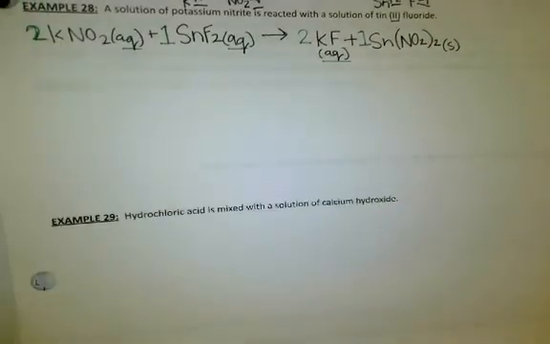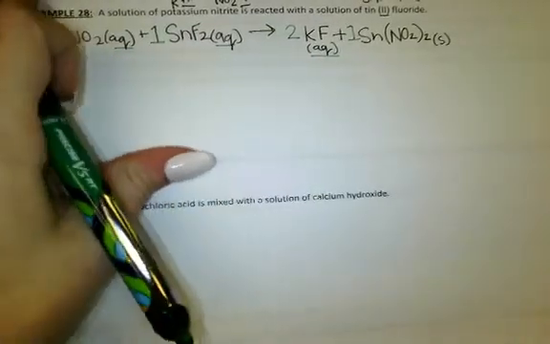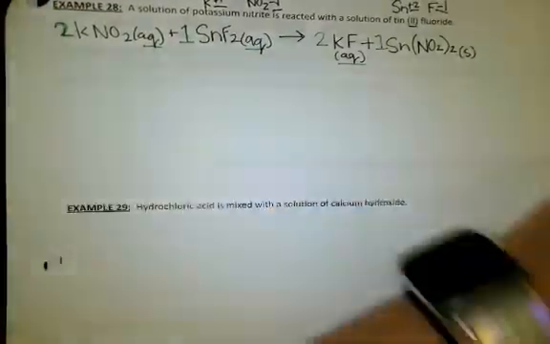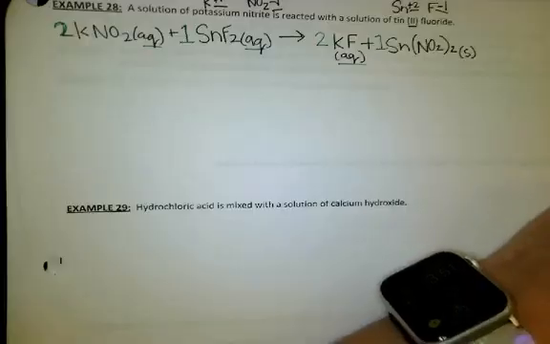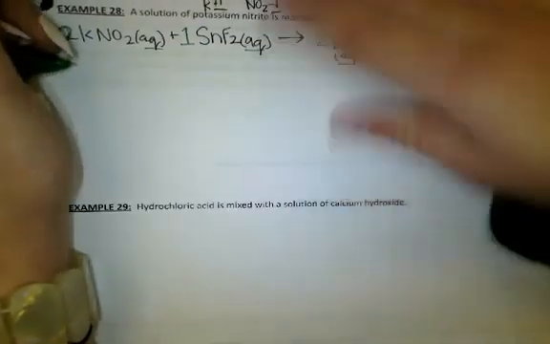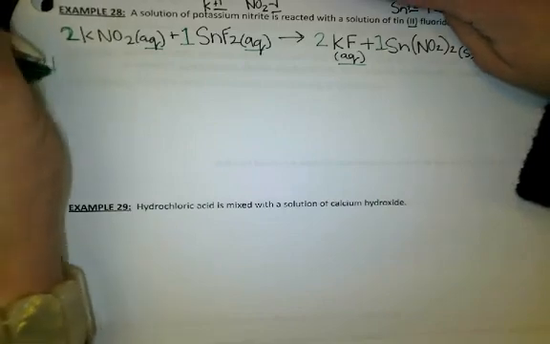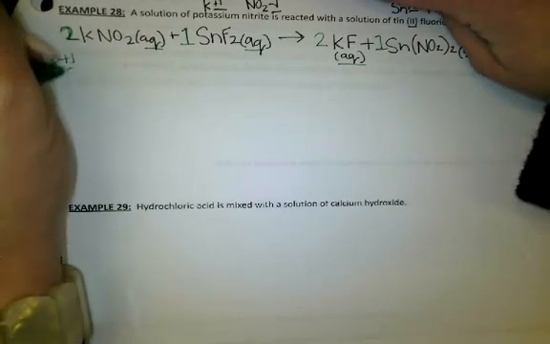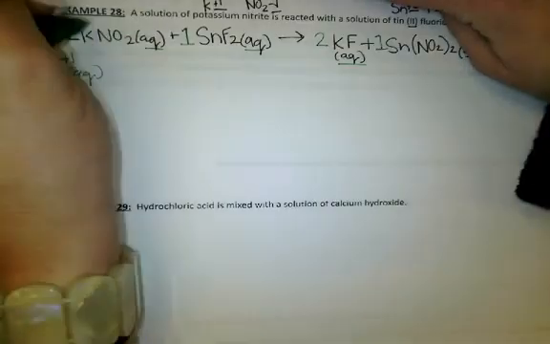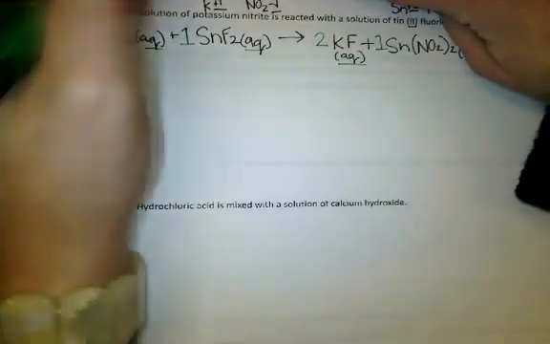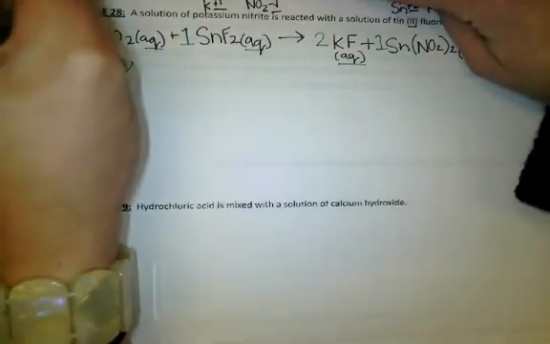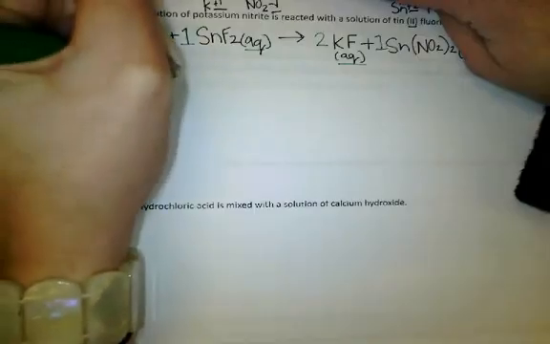So, I got potassium nitrite. Okay, I'm going to separate that out. So it's going to be 2 potassium ions, aqueous. Now this 2 is going to distribute to the nitrite, so plus 2 nitrite ions. Okay.